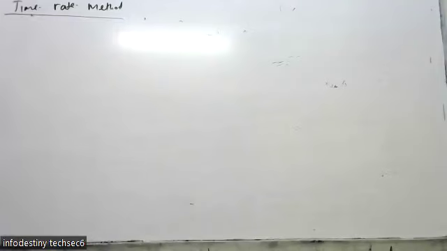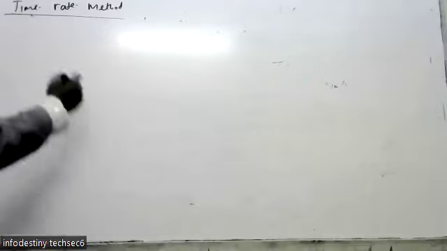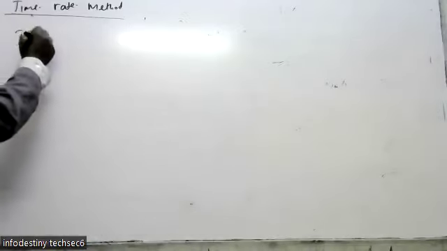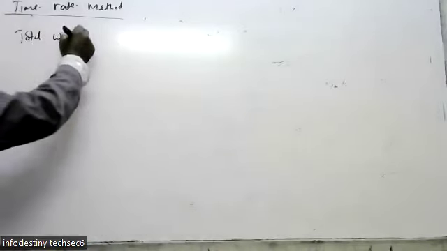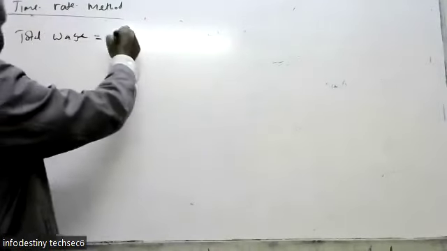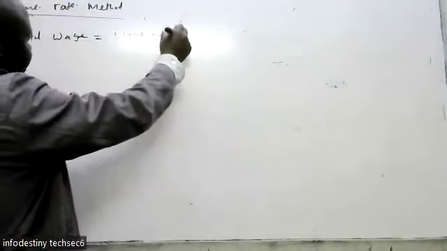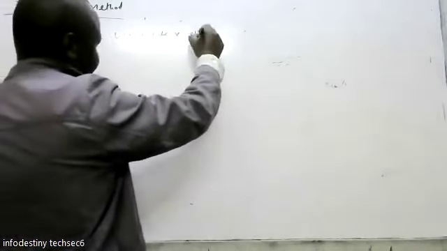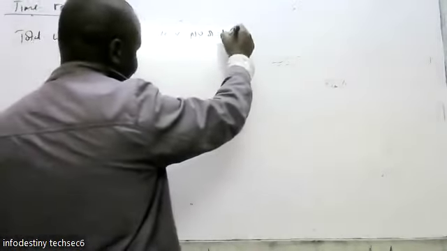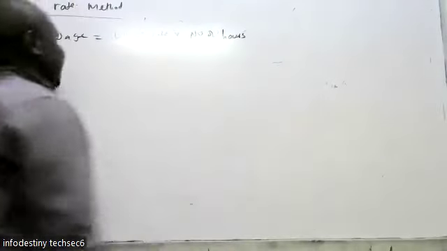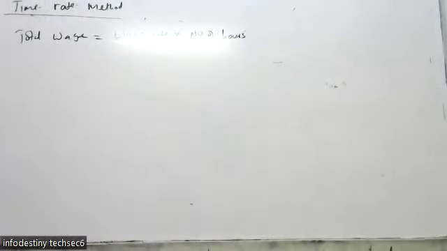Therefore, you just say the total wage will be equal to the wage rate multiplied by the number of hours. That's how we're going to do it.